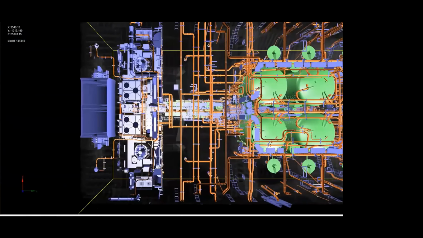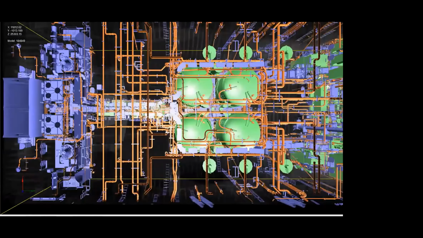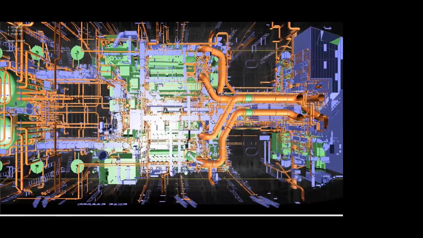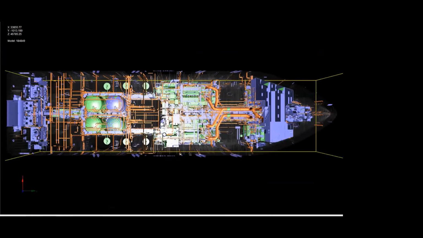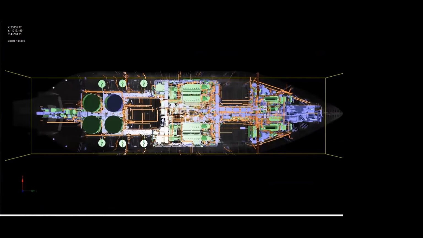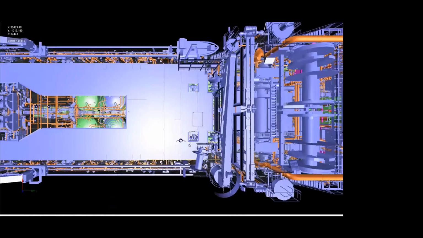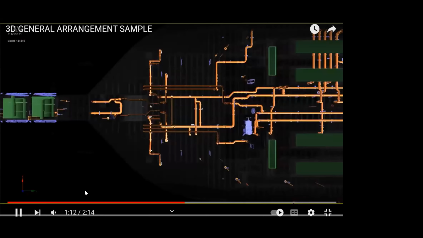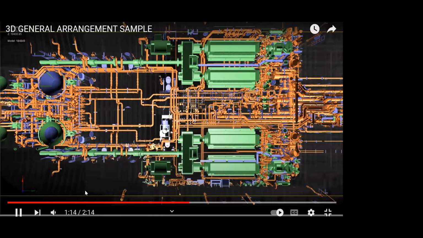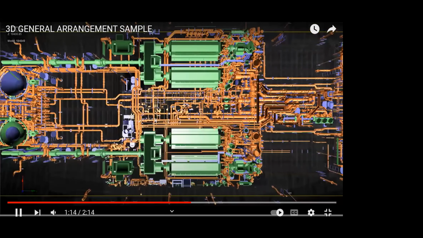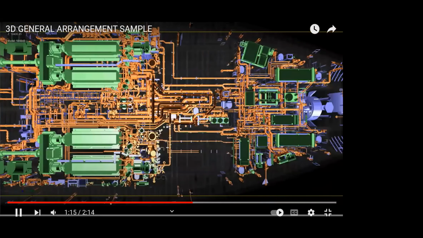This is not a Navy ship. It's not a Navy ship, but there's no battle armament. Anyway, you can see that there are so many pipes and complications of devices.